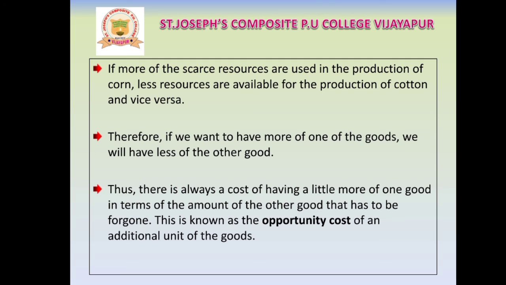That cost is called opportunity cost. So in order to get more production of cotton, we have to ignore corn production, or vice versa. If you want more production of corn, you have to sacrifice cotton production. This is called opportunity cost.